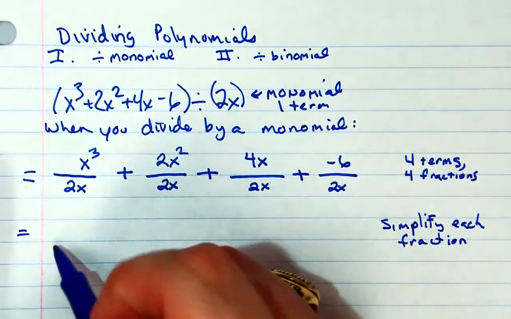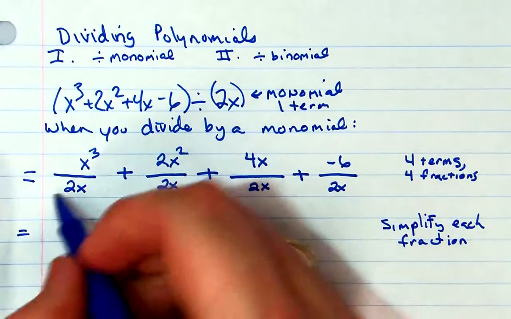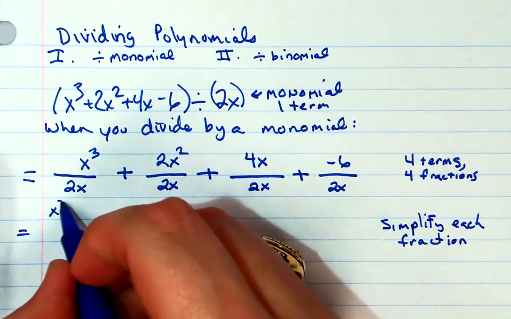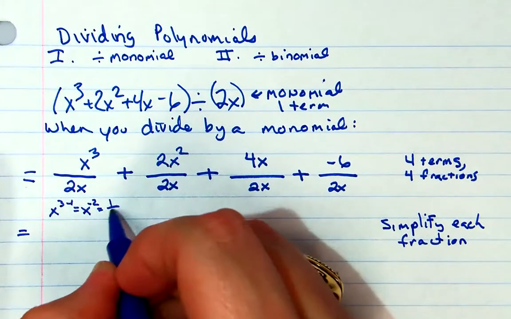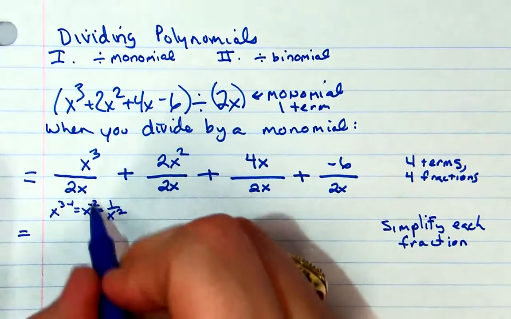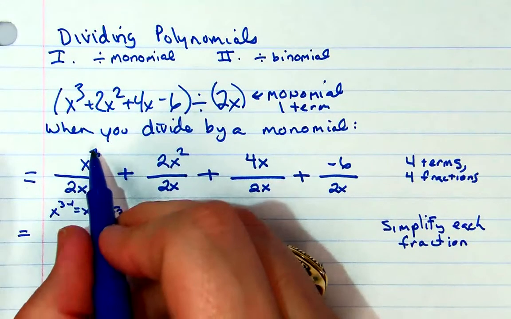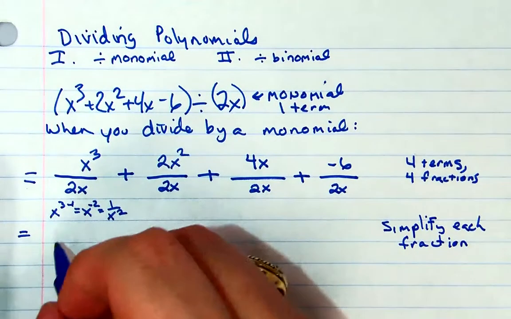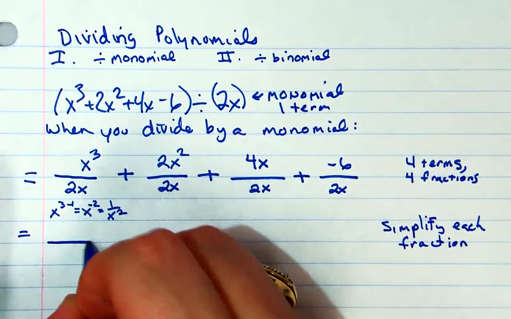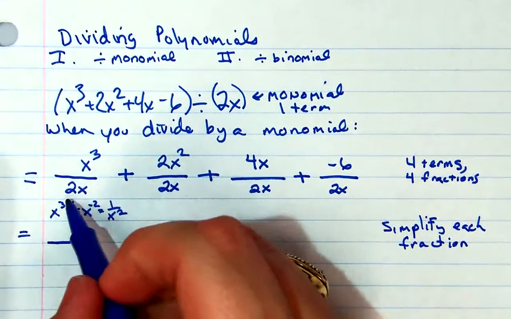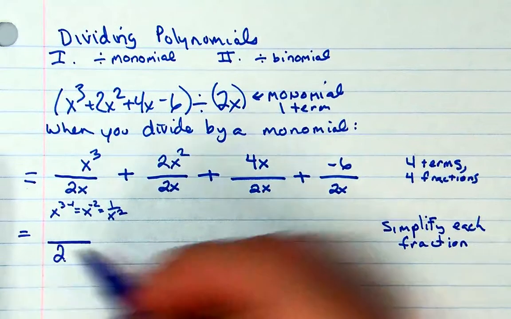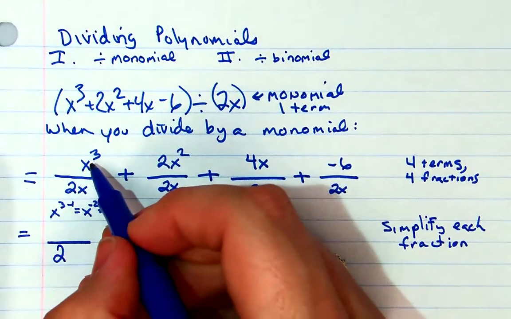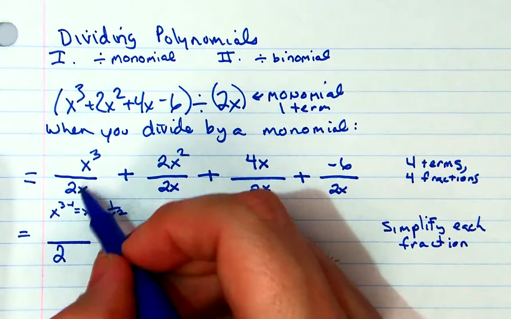Now, remember, we have our rules. We can say x to the 3 minus 1, which would be x to the negative 2, which is 1 over x squared. That's the rule for when we have same variables with different exponents. But I've also talked about thinking, alright, well, the 2's in the bottom. Is there anything I could divide into the top? No. So we know a 2 is going to end up in the bottom. I have 3 x's in the top, 1 in the bottom.